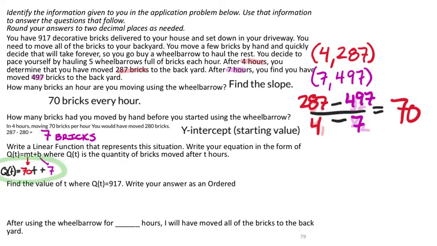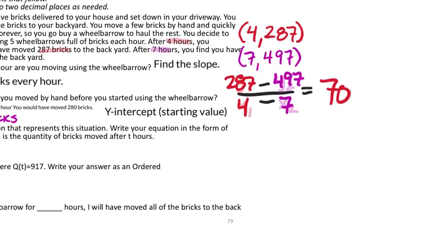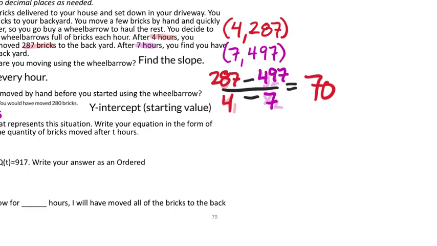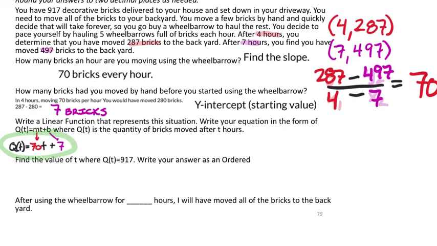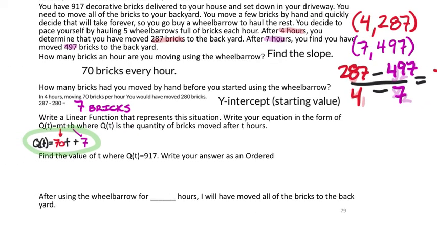Next up, it says find the value of t where Q of t equals 917, right? Your answer has an ordered pair there. No problem. Okay, so our equation that we have, Q of t equals 70t plus 7.